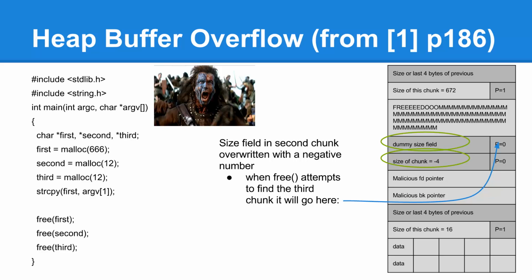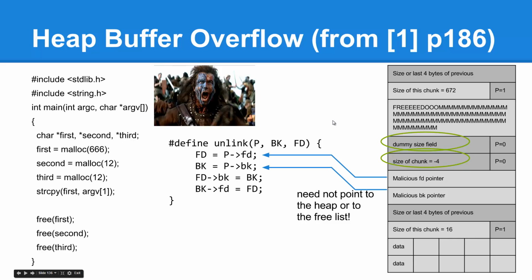I think it's been fixed in modern implementations of dlmalloc, but this was an interesting bug in the original implementations. Anyways, I digress. So, when free first gets here to the third chunk, it's going to see, hey, the next one's not in use, so I'm going to trigger this unlink algorithm to coalesce them.